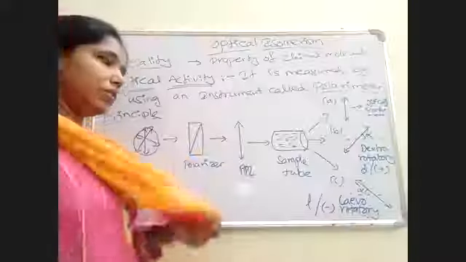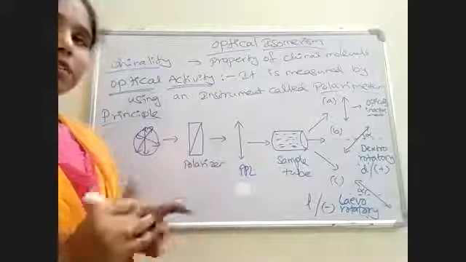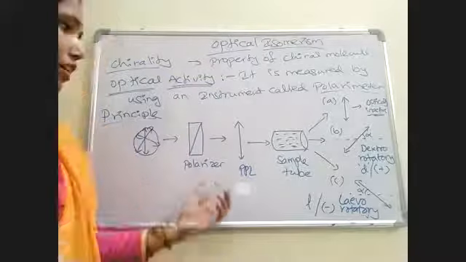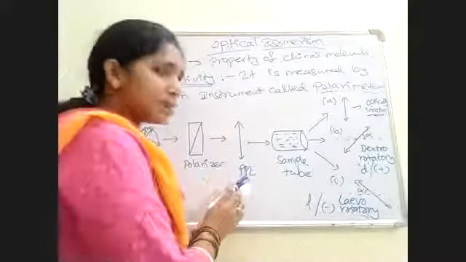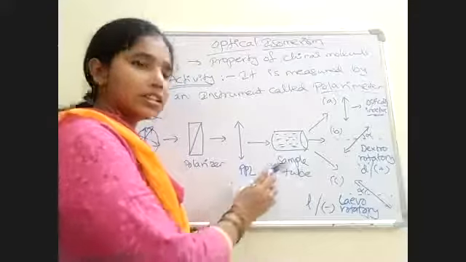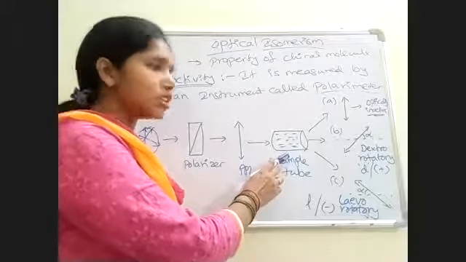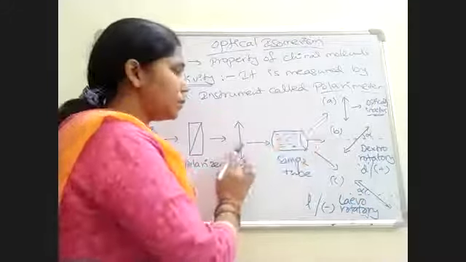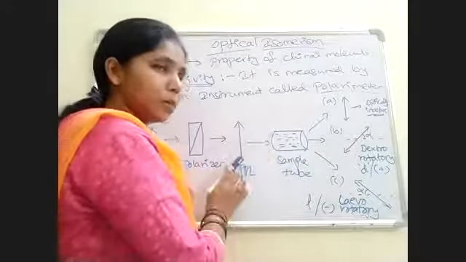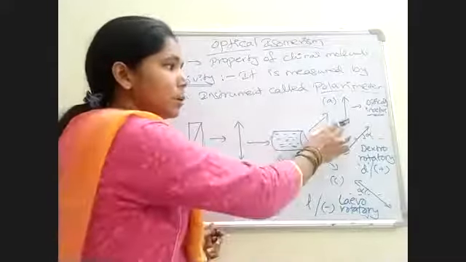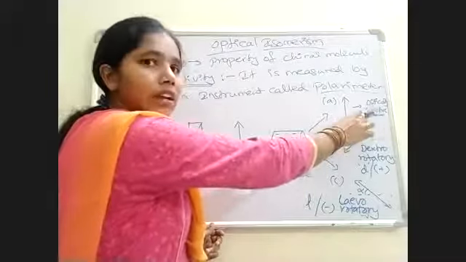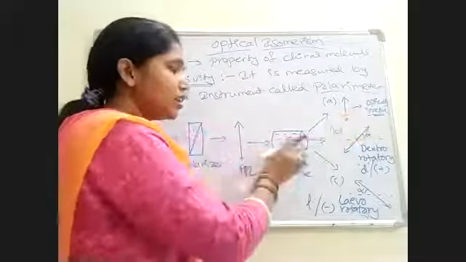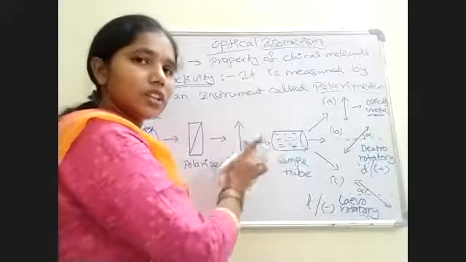Okay, just listen carefully. When plane polarized light is interacting with the sample solution, we may have three conditions. First, it may not interact with the plane polarized light; it may come out as it is. That is optically inactive, meaning it is not showing any interaction with the light.